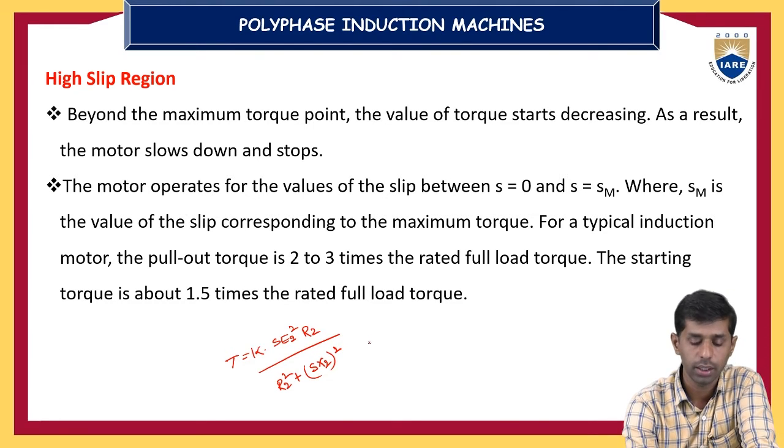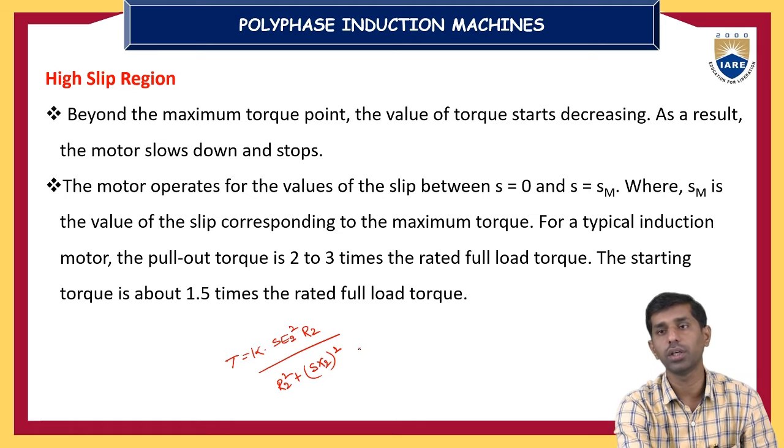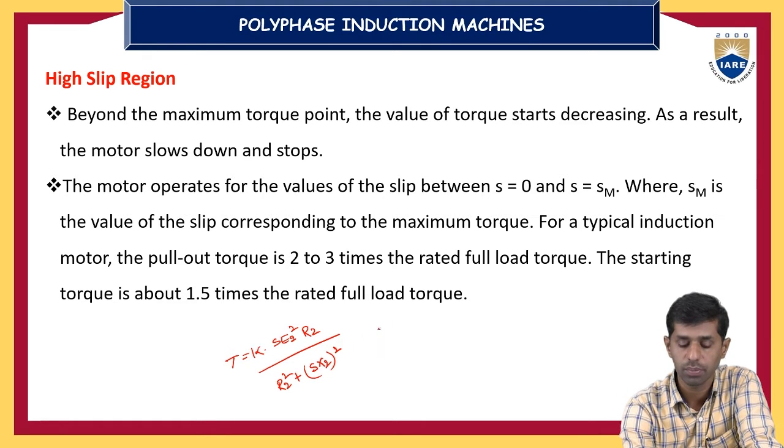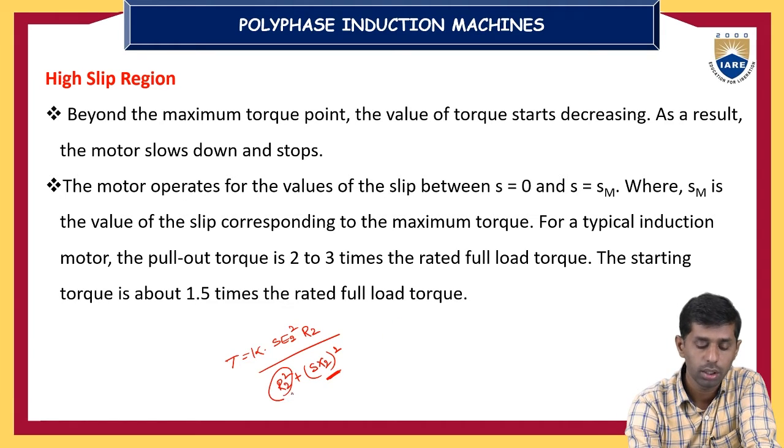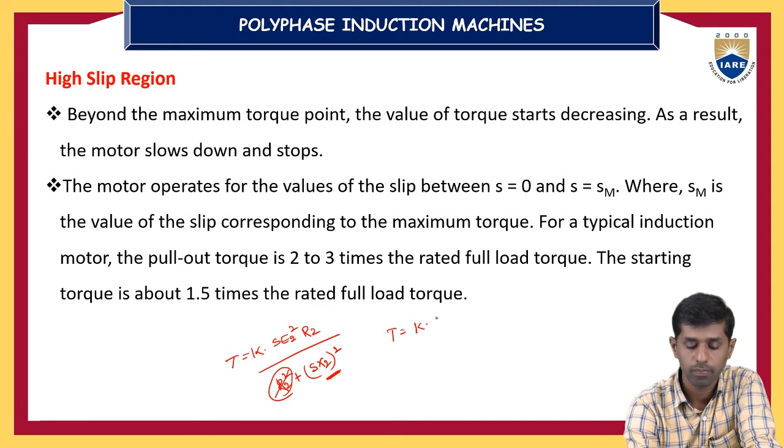When slip is high, that is at starting, the speed of the induction motor is less, so obviously your slip is maximum. So if slip is maximum, this term will be much greater than the resistance of the rotor, so we will neglect R2 and T equals some constant K into S times E2 square into R2 by slip square times X2 square.